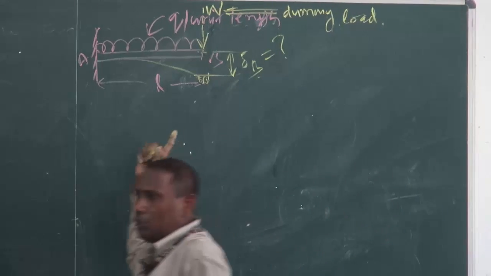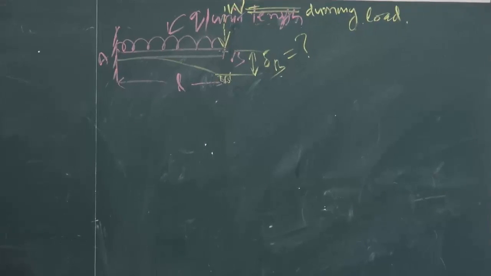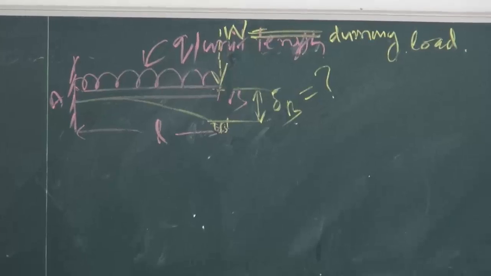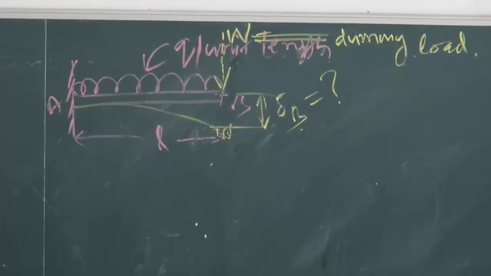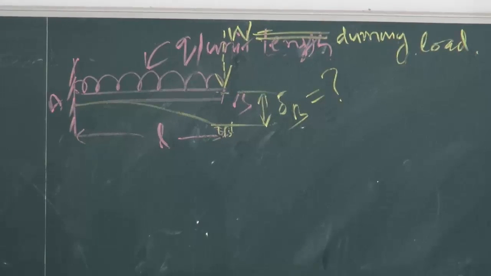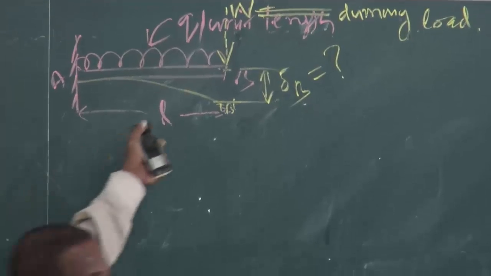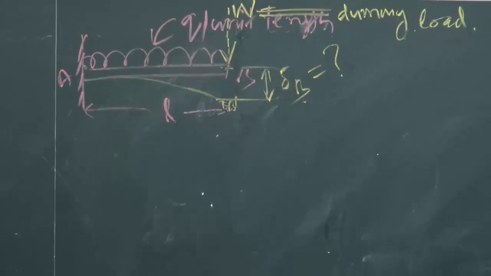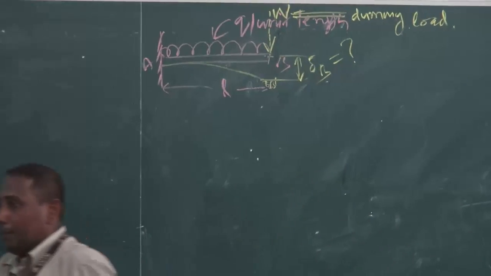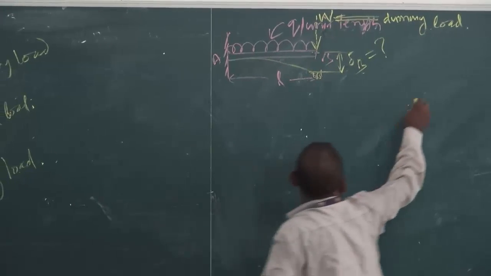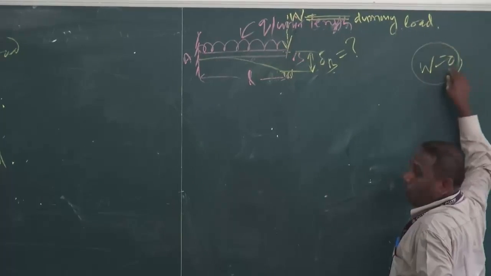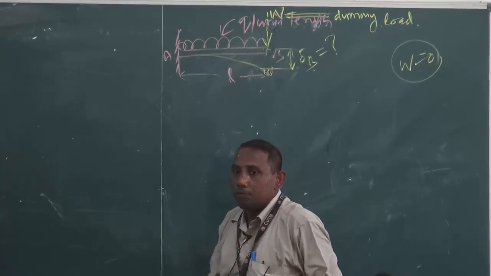Remember that it is completely imaginary. It is your imagination, it is not an actual load. But be careful: only to facilitate the calculation we are introducing this dummy load W, but in the final result, or during integration, you have to put that W value equal to 0, because W is not an actual load. Get it?